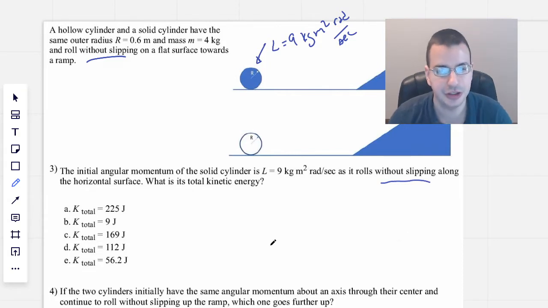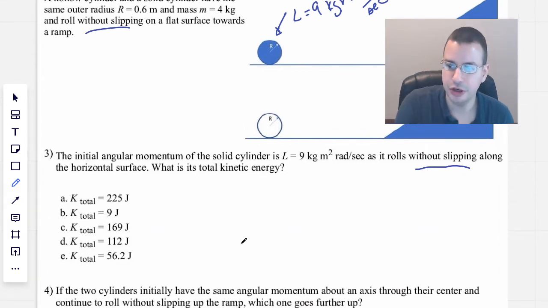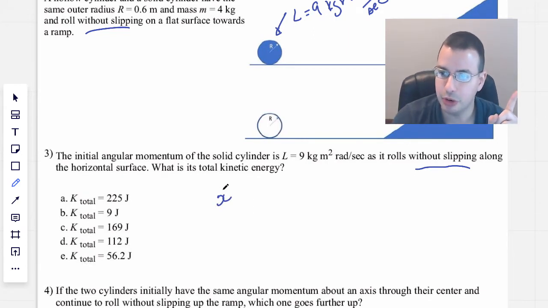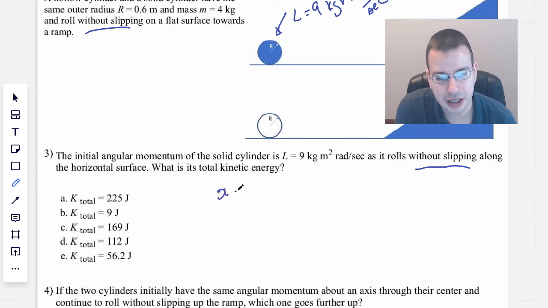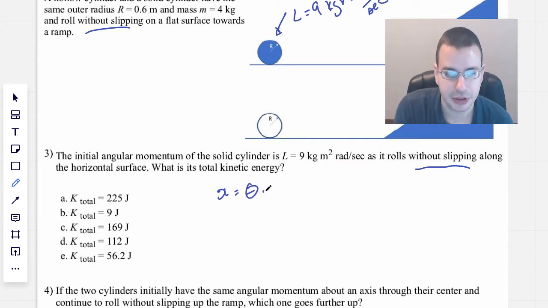Okay, so there are 3 pieces of information we're given here. The first one is without slipping. That says there's a relationship between the linear motion and the angular motion. We have x, the linear distance traveled, equals theta, the angular distance traveled, times r.